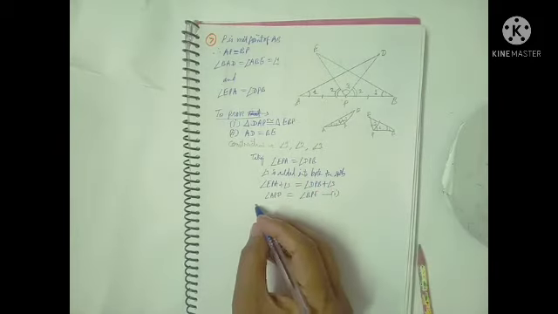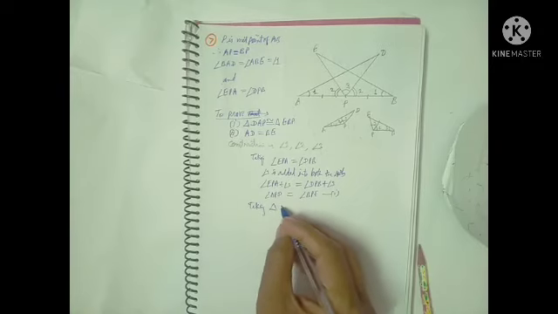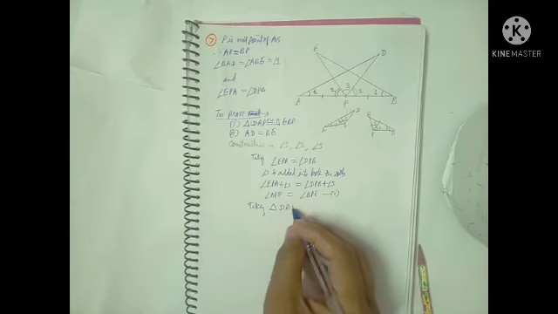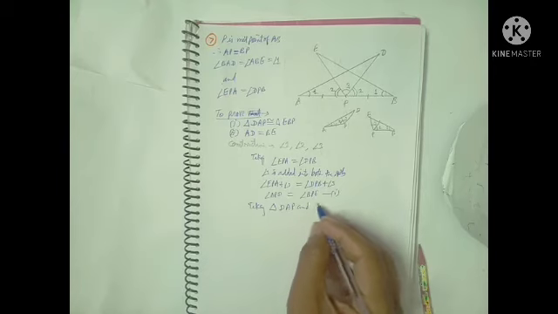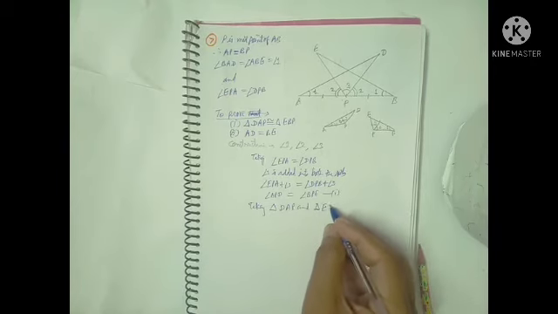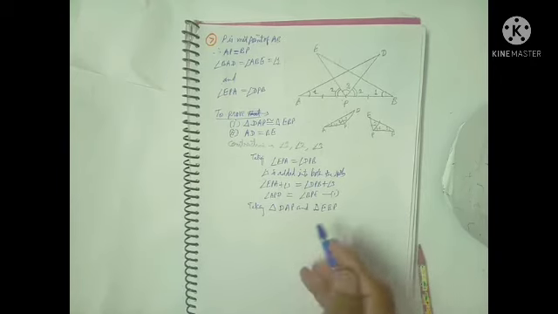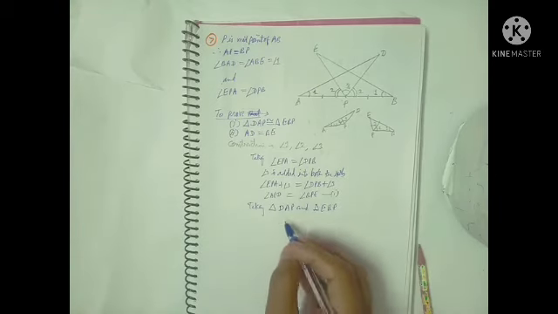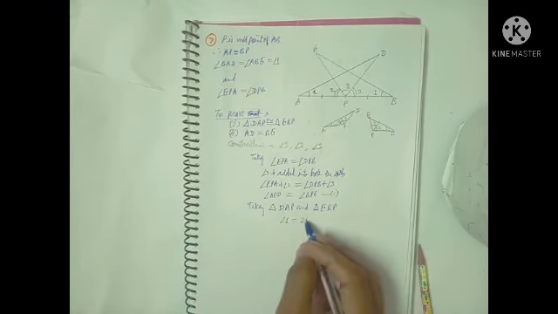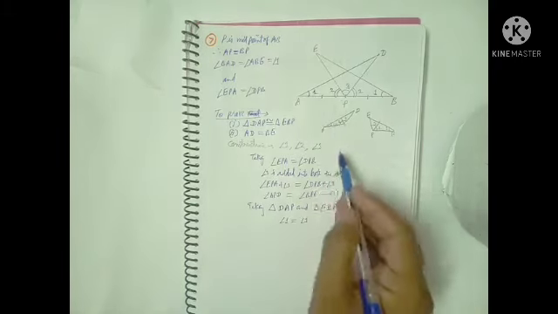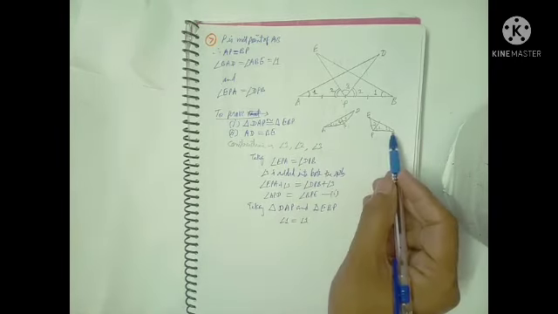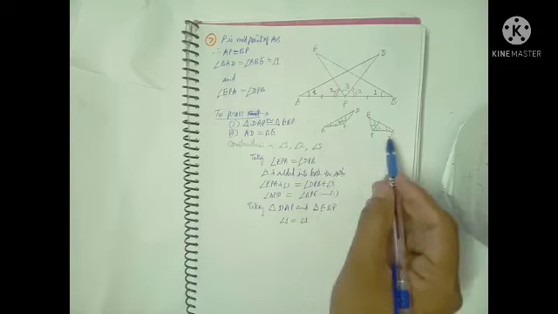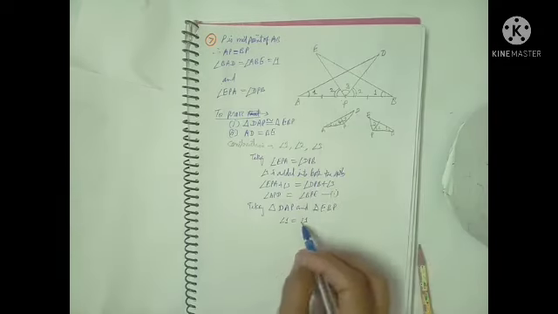So taking triangle DAP and triangle EBP, now what you can observe: angle 1 is equal to angle 1. This is angle 1 and this is angle 1, meaning angle A and angle B. So angle 1 equals angle 1.